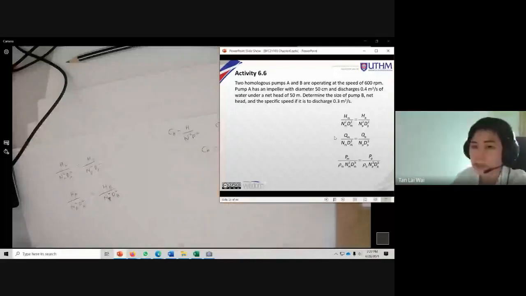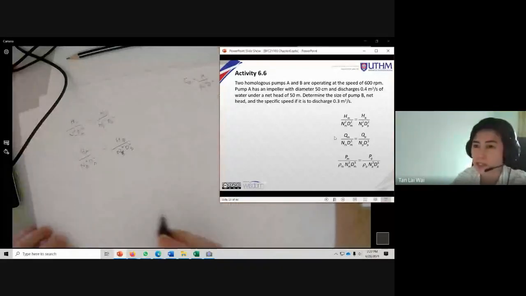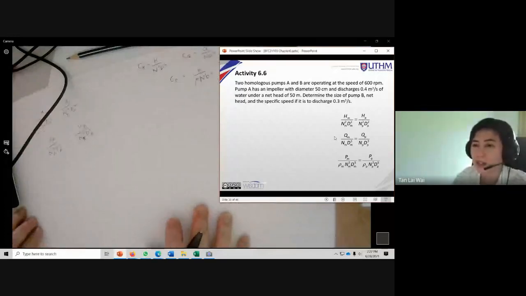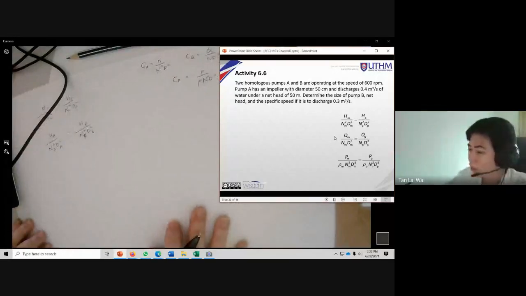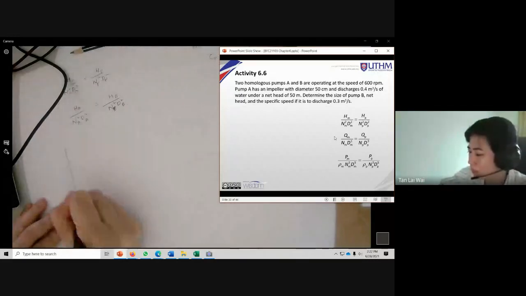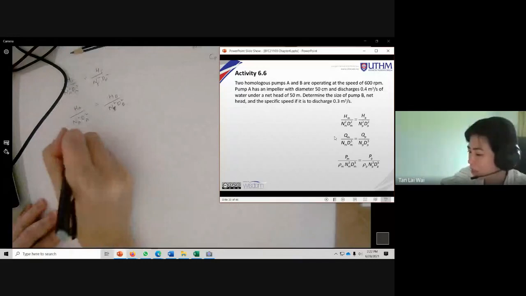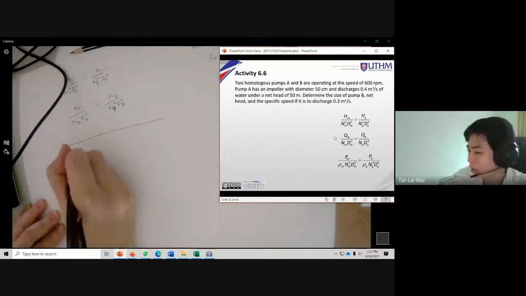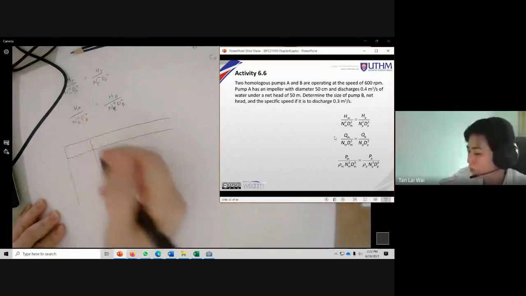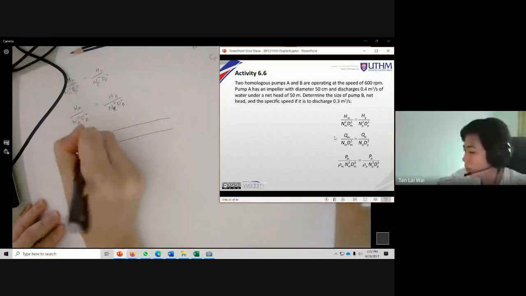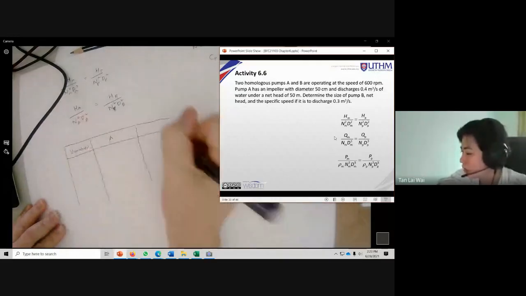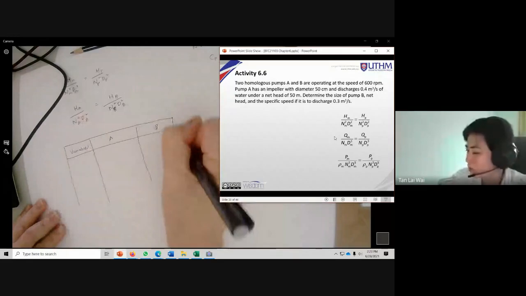Now, to solve this activity, you have two pumps. To make the activity simpler, these will be the variables. It depends on how you do it, but if you tabulate all the data, it's actually simpler.